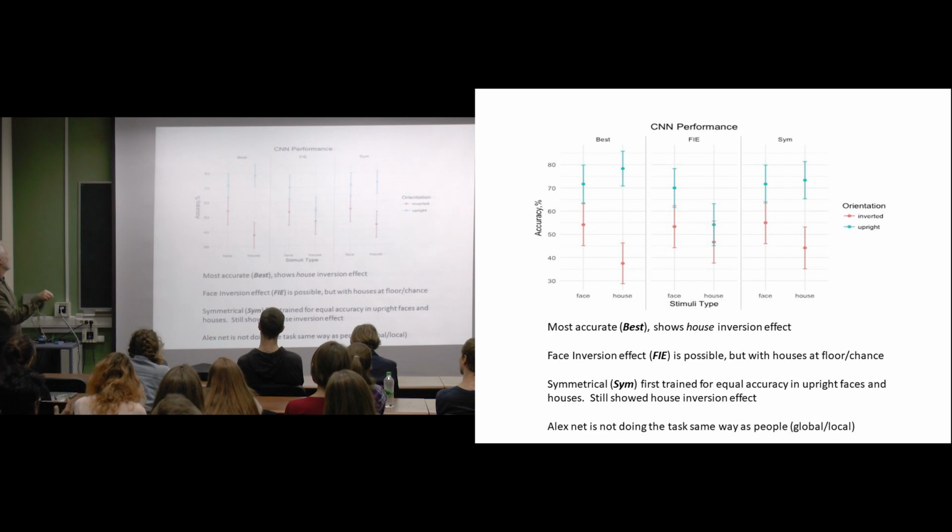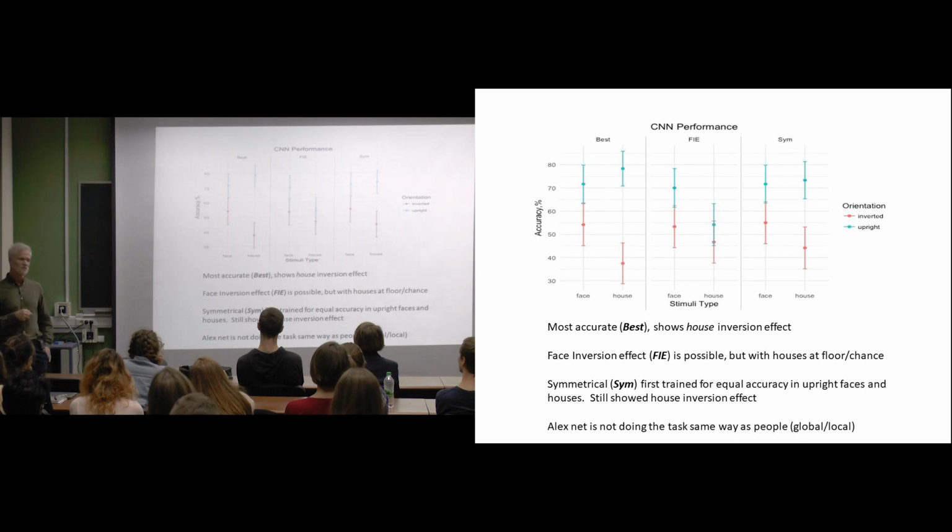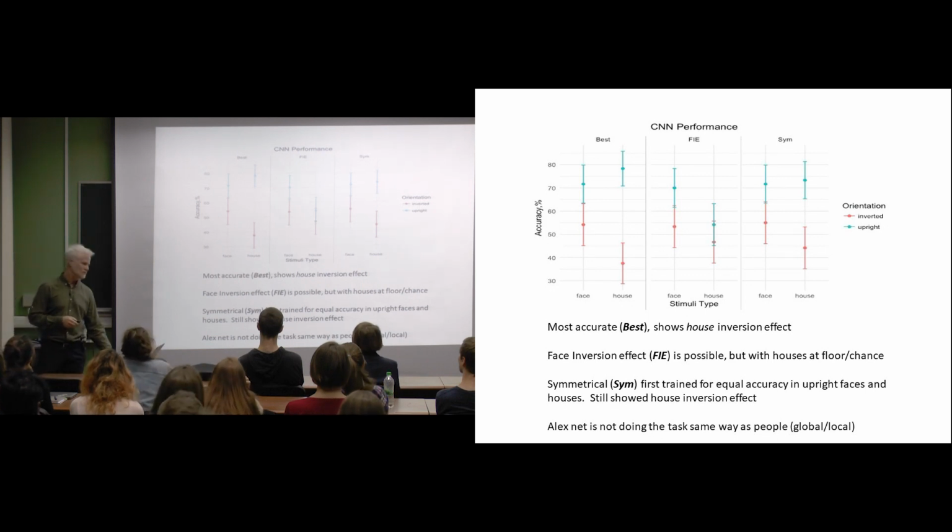We were able on one example to generate a face inversion effect, but it was pretty much by having a floor effect at chance for houses. That was pretty much the only reason why we were able to do it. For the majority of our training iterations, it wasn't able to match the way that humans process faces and houses.